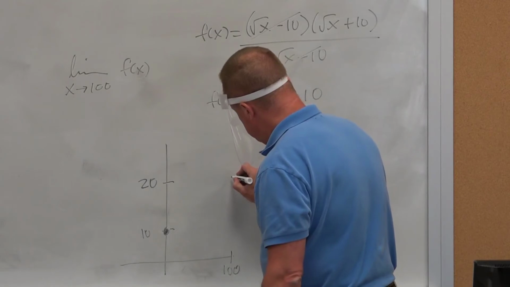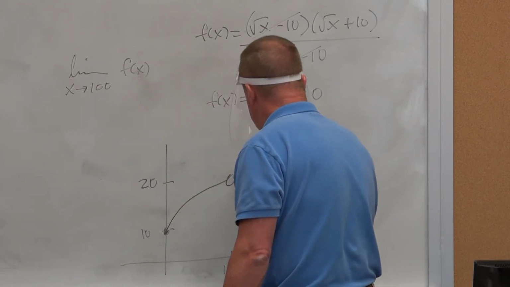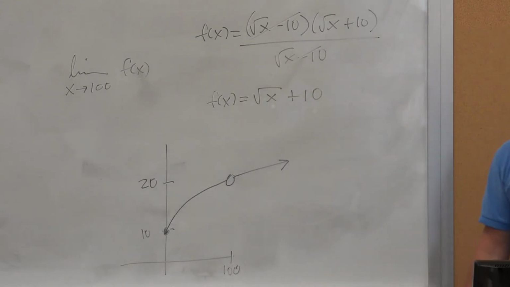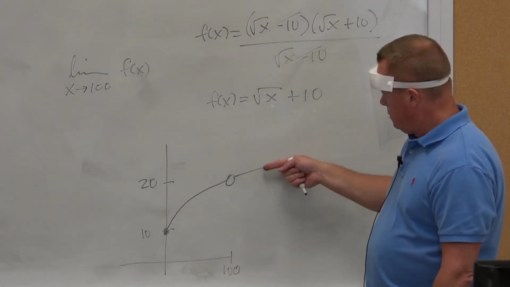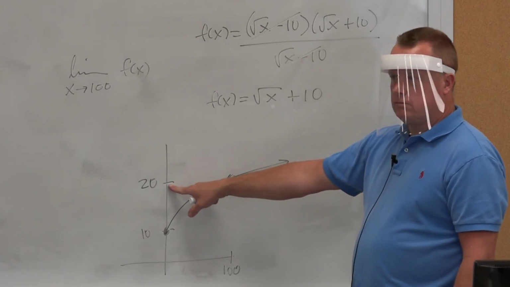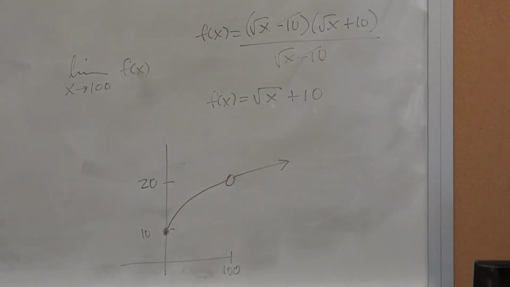So it would look something like this. Okay. Does that make sense? So what is the limit as x approaches 100 then? It is approaching 20, right, from both sides. Okay, any questions about that?